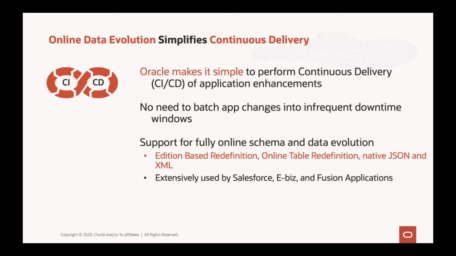We have online redefinition of the structure, like online table redefinition, which allows you to repartition a table, add columns, remove columns, and so on. And we have also native JSON and XML document support, which allows you to make schema changes at any time, because JSON and XML are schemaless.